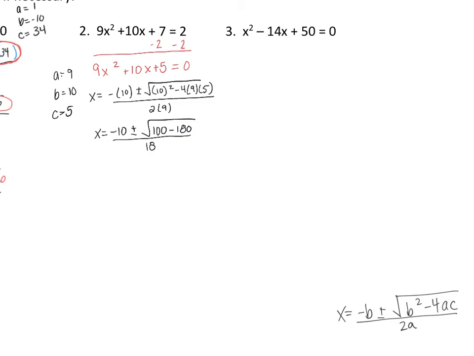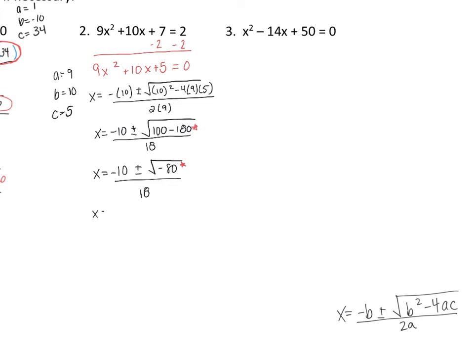Okay? So now we're going to focus on simplifying this radical. I have x equals negative 10 plus or minus the square root of 100 minus 180, which gives me negative 80, all over 18. Then we need to focus on this. Here is where my i comes into play, because I have a negative 80 under the square root.